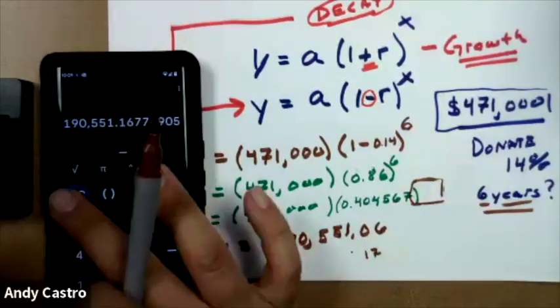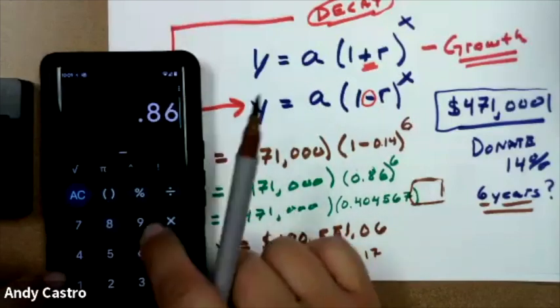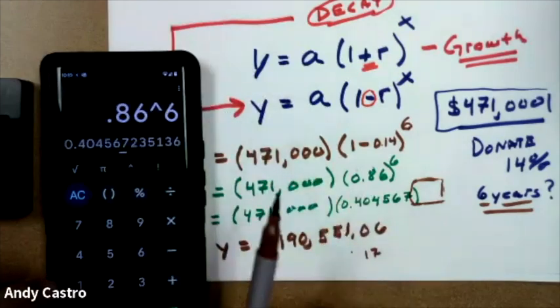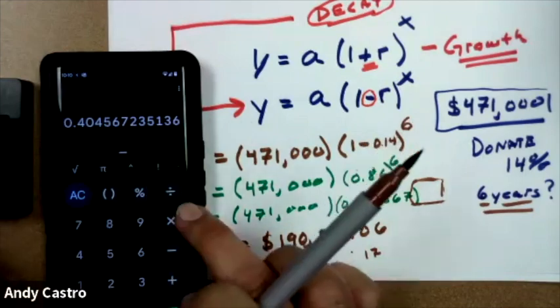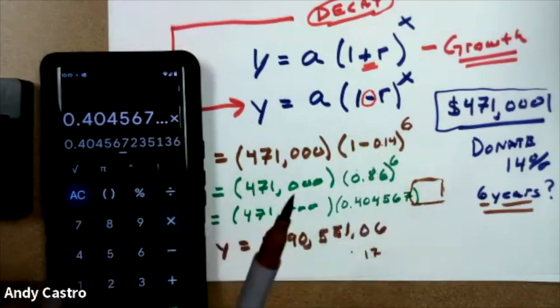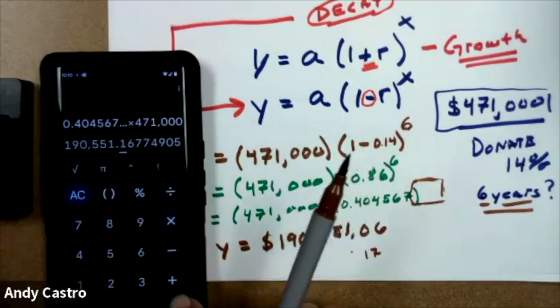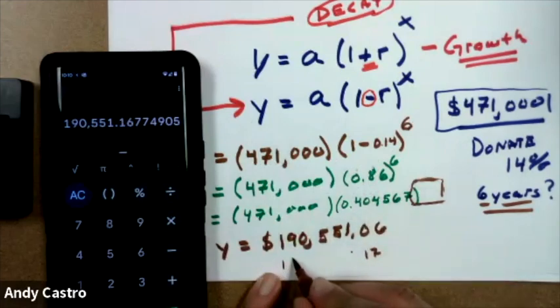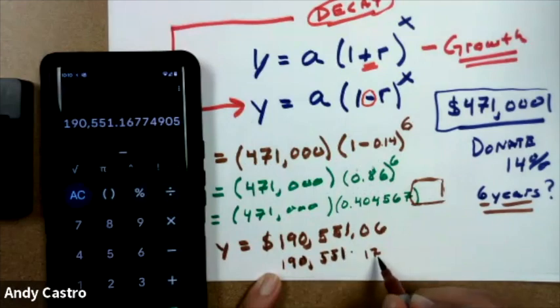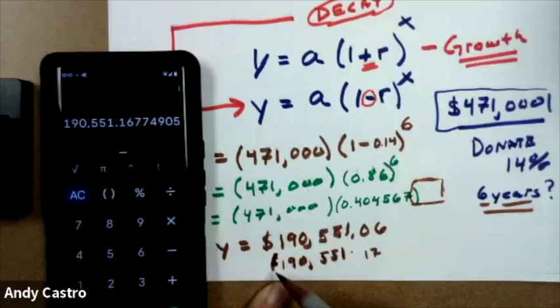If in the calculator, when you raise 0.86 to that sixth power, notice how many decimals it gives me. So if I keep all of those and immediately multiply by 471,000, that's where I'm getting the same as my answer sheet. So 190,551, and 17 cents. Because you see here the 1, 6, and then the 7.